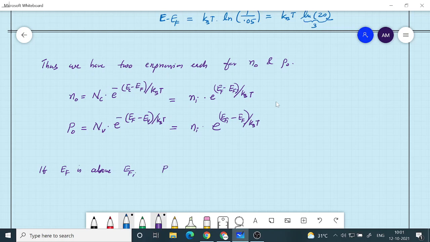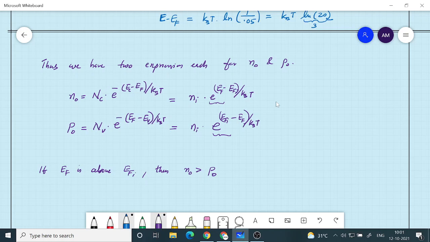Then we have N0 going to be greater than P0. Why? Because N0 will increase, it will be Ni into e raised to (EF minus EFI), which is going to be a number much larger than 1. So N0 will increase, whereas this other term is going to be less than 1 because EF is above EFI.